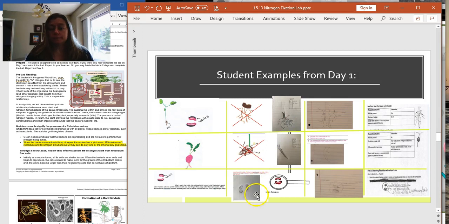I have seen examples of kids who've drawn it on paper, uploaded it, and then added in their description, and that's perfectly acceptable. I've seen kids that have drawn it on paper and put a key. So this would be the bean root, and this would be the radish root. And this is what they literally saw, and they just drew the hand lens. I thought that was cute. What I had to crop off for you is they didn't just put this picture in, they also had some words to describe.